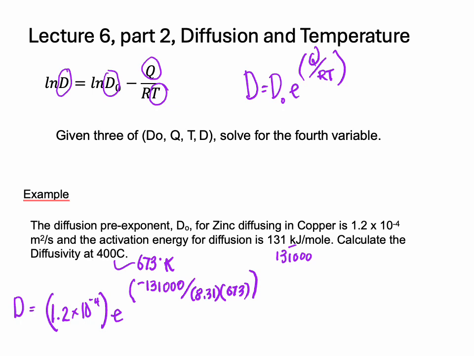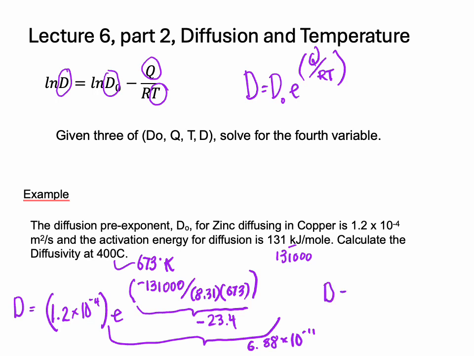So that exponent value, everything up in here, this whole thing is negative 23.4. And e to the negative 23.4 power is equal to 6.88 times 10 to the negative 11. And the whole thing, D, you should get 8.26 times 10 to the negative 15. And the units are meters squared per second.